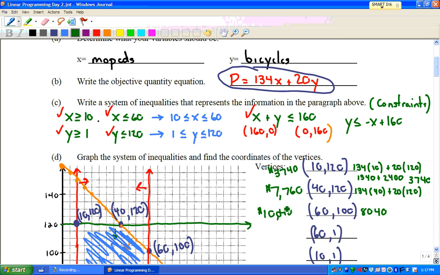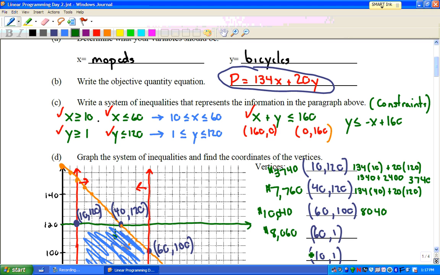$10,040. Okay. This one right here, you got 60 times 134, plus 20. This one's going to give us, hold on a second, $8,060.